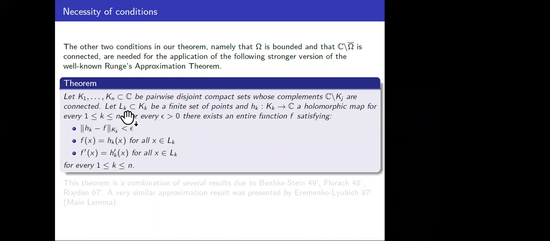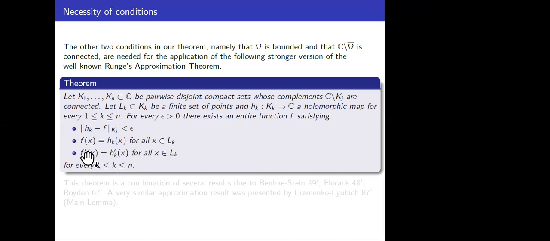Then the theorem says that for every epsilon greater than 0, you can find an entire function f which approximates your prescribed functions on those compact sets. Moreover, you can also prescribe where certain points map, so finitely many points. What I'm trying to say is that this map F agrees with your previously chosen maps at finitely many points. So this is, say, this number 2.